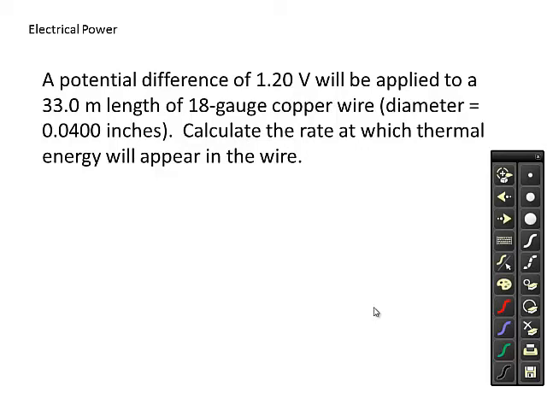A potential difference of 1.20 volts will be applied to a 33.0 meter length of 18 gauge copper wire, given the diameter. Calculate the rate at which thermal energy will appear in the wire. We've got V equals 1.20 volts applied to a 33 meter length.